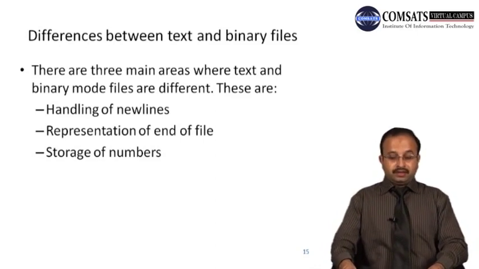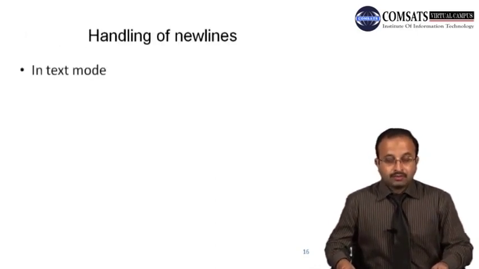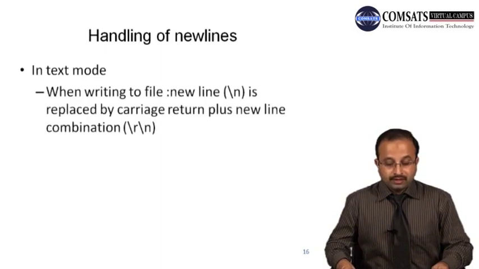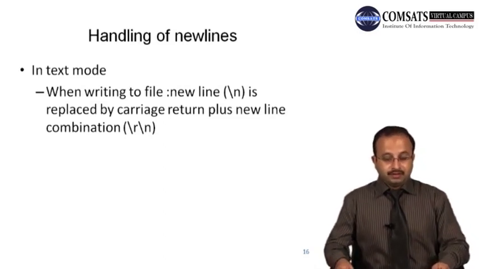So handling of new line character, we have already seen in the text mode that when writing to a file, new line \n is replaced by the carriage return plus a new line combination, that is \r and \n, that will be written instead of \n.